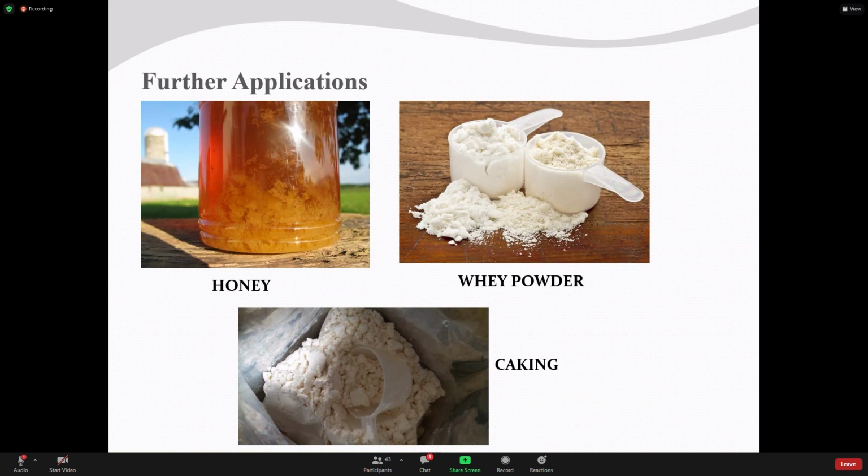For instance, whey powder, for those of you who maybe use it as a protein shake, would know better, whey powder also has the ability to form cakes, to agglomerate. To prevent this agglomeration, anti-caking agents are used, but understanding the caking tendency of whey powder is important, so that we will be able to predict its shelf life during storage.